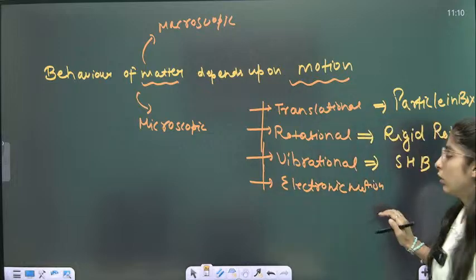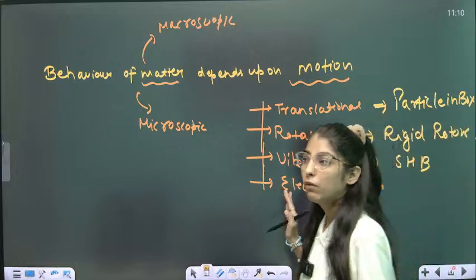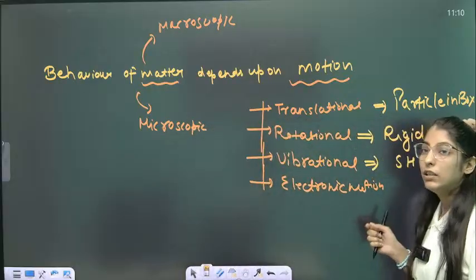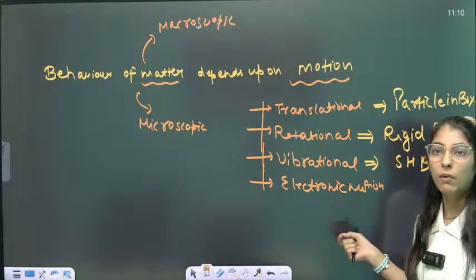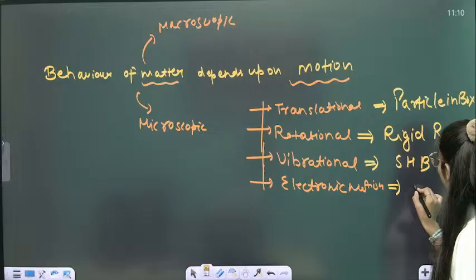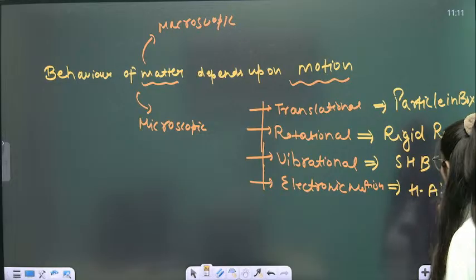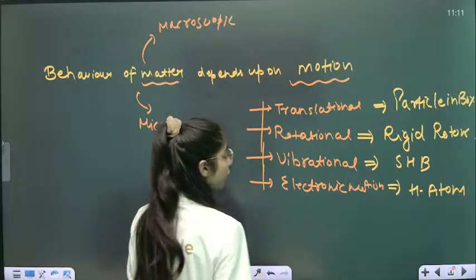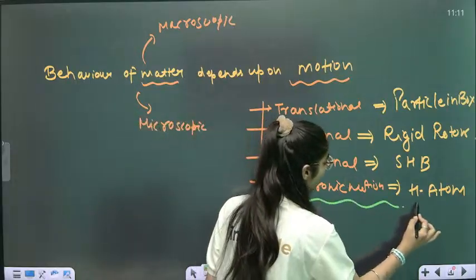So I am giving you a brief review of why we moved towards quantum mechanics, and the reason for choosing this particular mechanics. Electronic motion, you are talking about the hydrogen atom. Our topic of discussion is going to be this electronic motion.